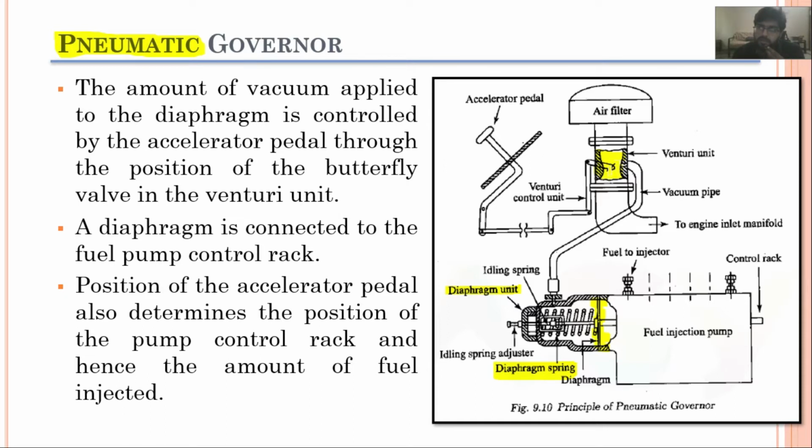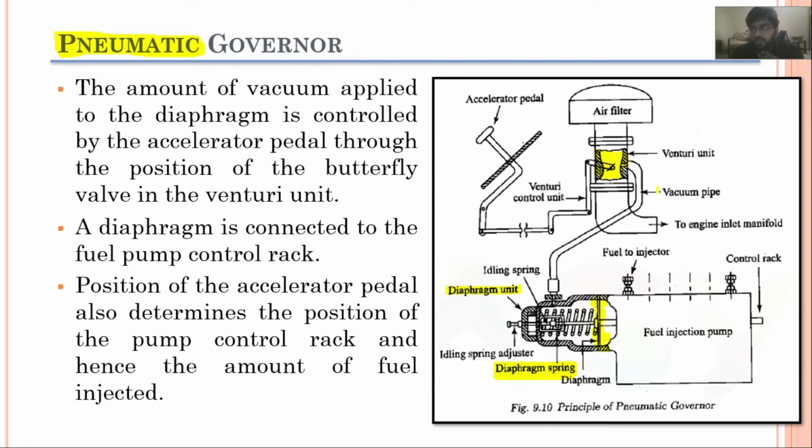In fact, this butterfly valve is slightly open, so a lesser amount of air would be going into the engine, and because of this, the fuel is also very small. But during the idling condition, we require a larger amount of fuel.